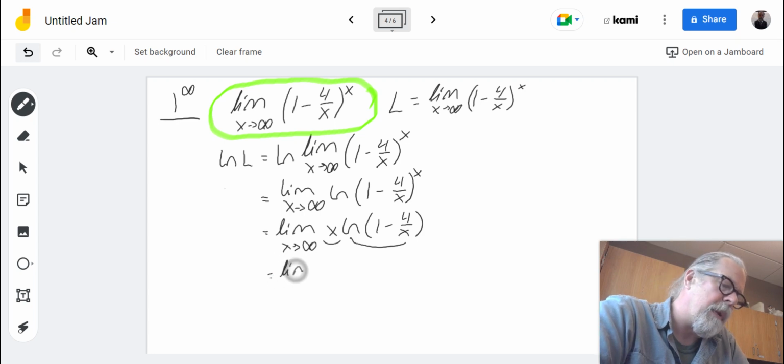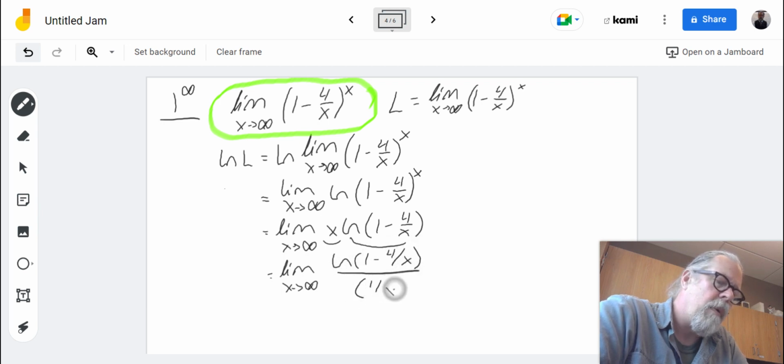This becomes the limit as x goes to infinity of natural log of 1 minus 4 over x. That has a limit of 0. Divided by 1 over x. That has a limit of 0. So taking the derivatives, I'll just keep going down here. This equals the limit as x goes to infinity of, well, the derivative of x to the negative 1 is negative x to the negative 2.